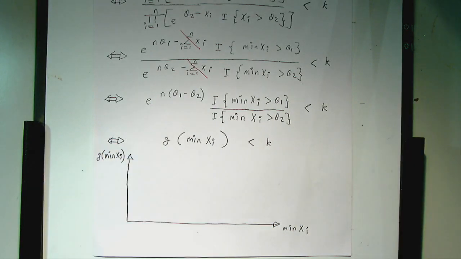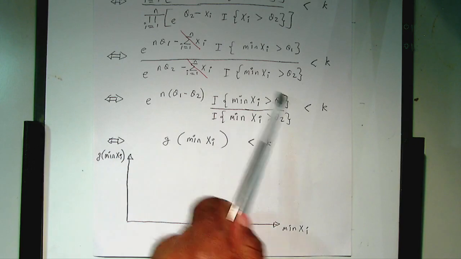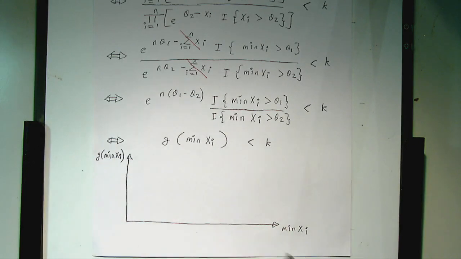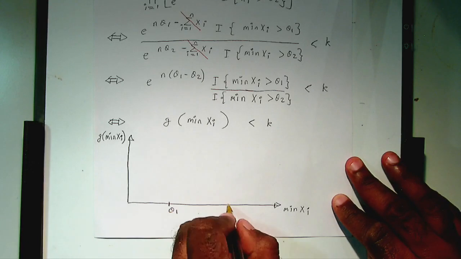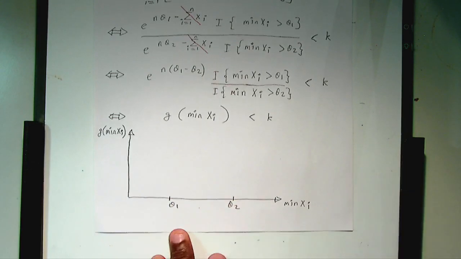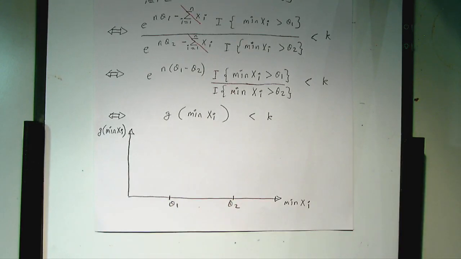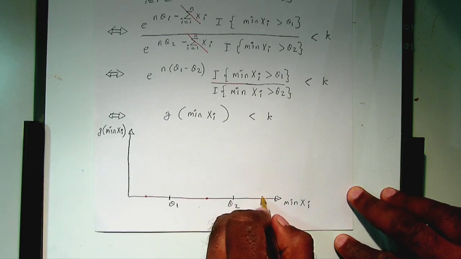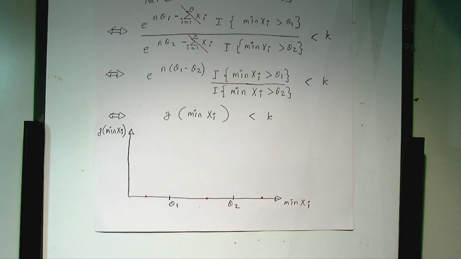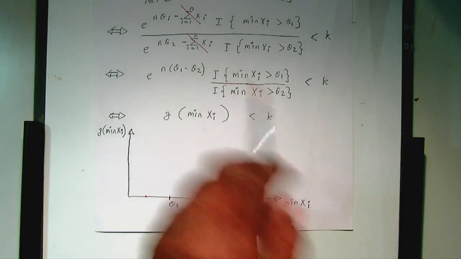Now we know theta 1 is less than theta 2. Suppose theta 1 is here, and theta 2 is here. To determine the graph, I'm going to take three points, one in each of these three segments, and determine what the value of this function is.